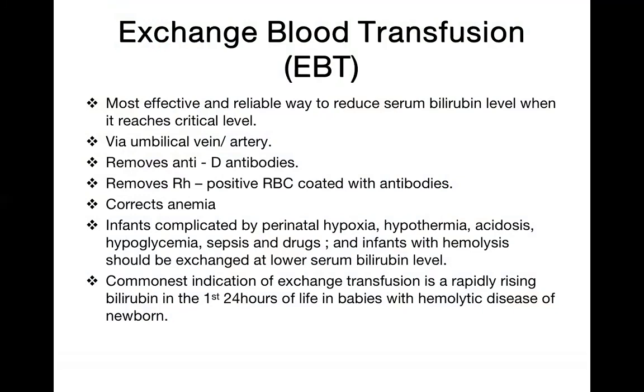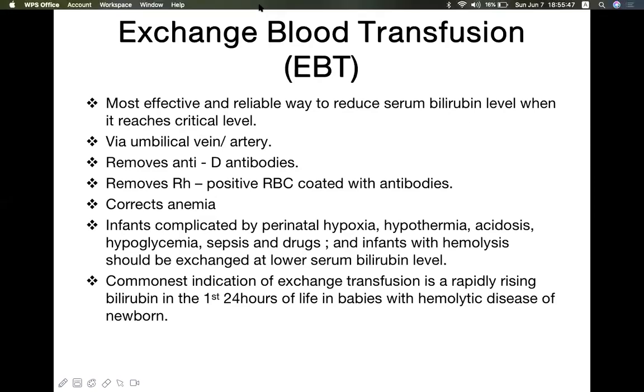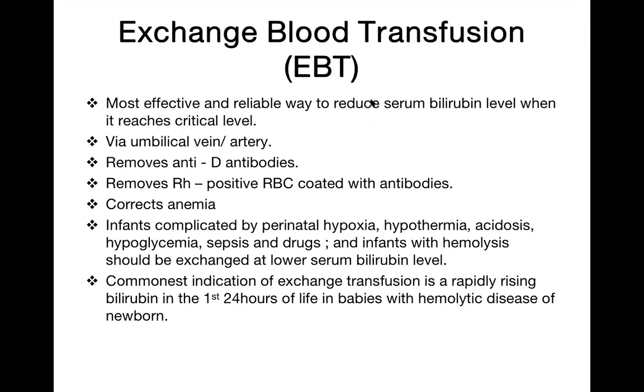Now you already got the meaning. So it is the most effective and reliable way to reduce serum bilirubin level when it reaches the critical level in the baby. It is done via the umbilical vein or umbilical artery. Umbilical vein is more commonly used. It removes anti-D antibody. Now this anti-D antibody means anti-RH antibody.